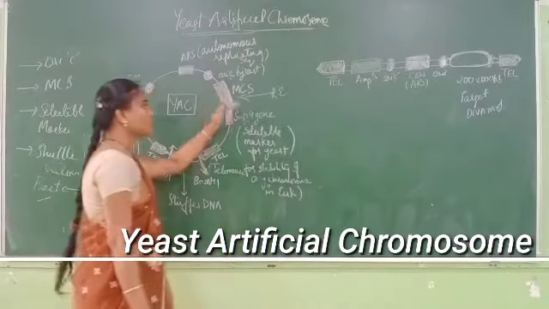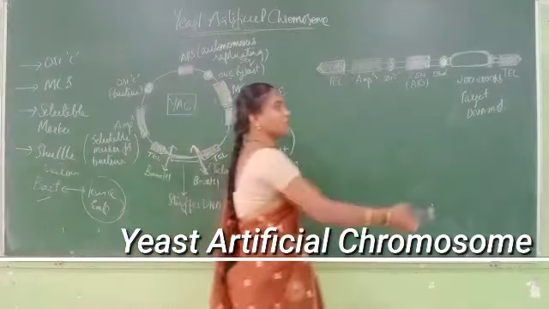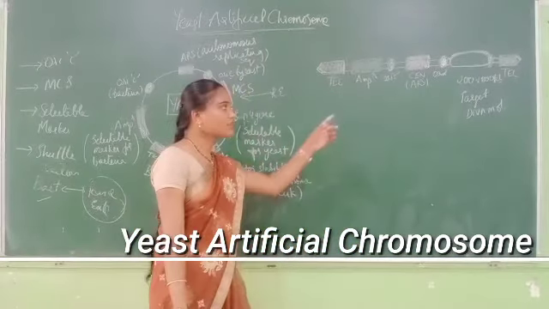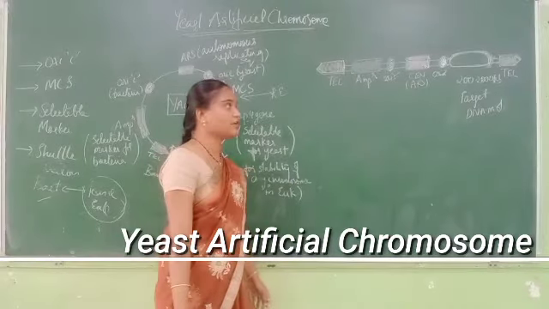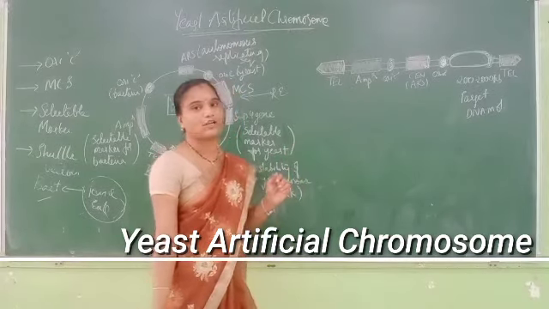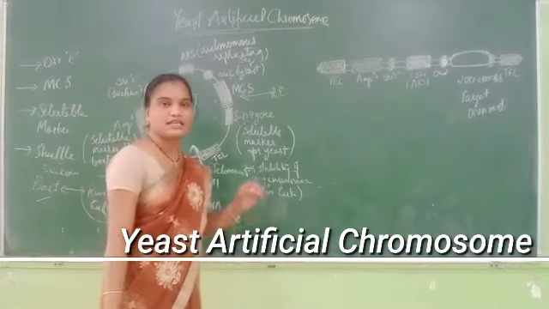There is no SUP4 gene, and hence your target DNA molecule sits in the gap between the ORC site of yeast and your telomeric sequence. So the SUP4 gene is totally disrupted.